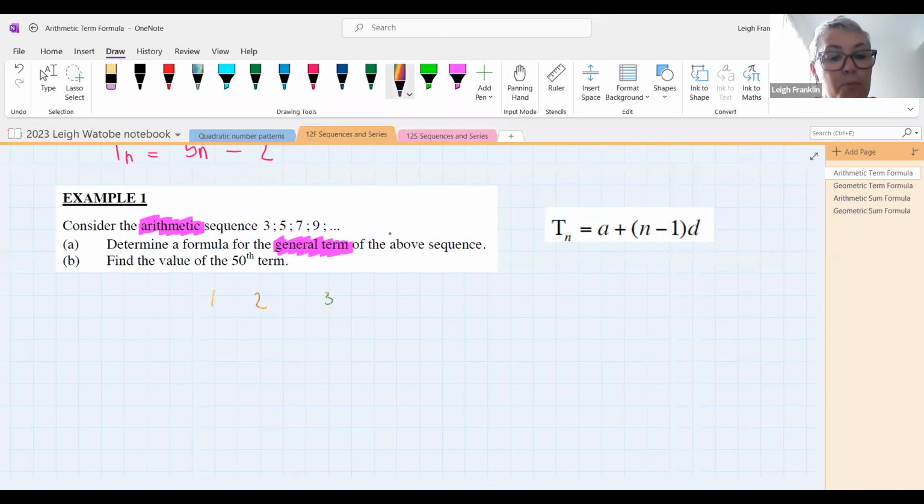The common difference. The common difference, quite right, Rebotile. And what would it be in this case? 2. Exactly. All right, so I am going to write Tn equals, a is 3, plus (n minus 1).